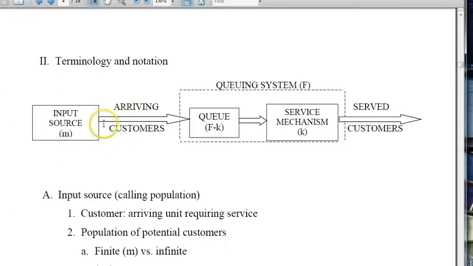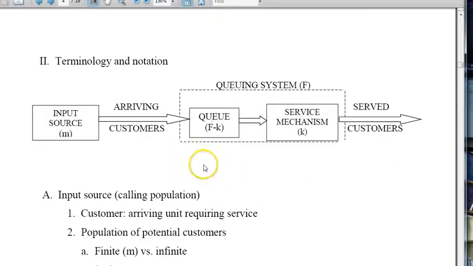These are the customers that go to have transactions. They arrive here at the service, and the service facility or the queuing system itself is made up of the queue where customers physically wait, and the service mechanism. In our example are the tellers that provide the service, and then customers leave after they complete the service.